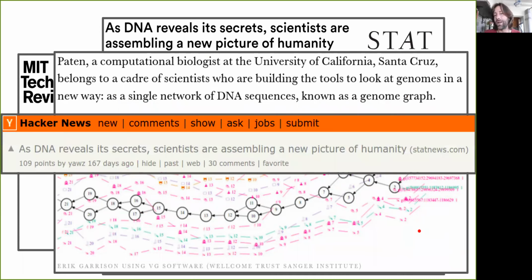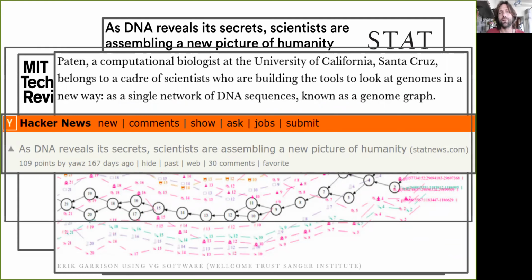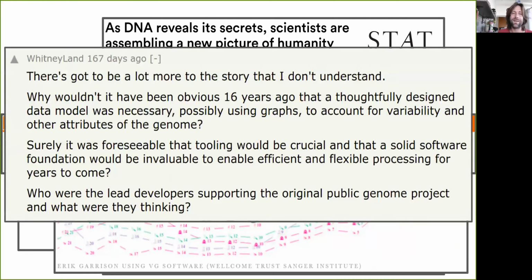And it ended up on Hacker News. Some of you all may know, it's kind of like a Reddit or just a message board for discussion of technology. And the comments are often very snarky, and they assume after reading something like this that many things should be obvious.